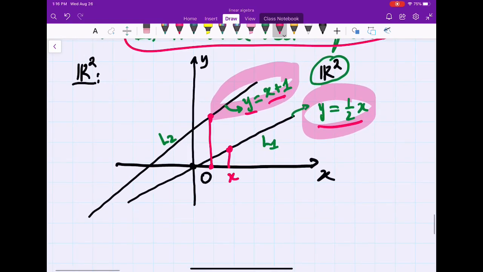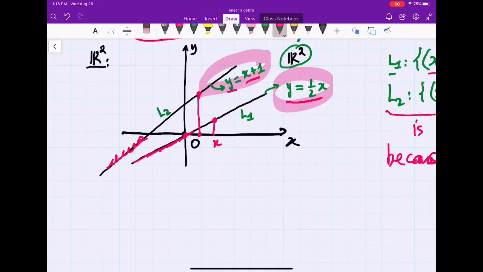And on this guy, all those straight lines with the standard addition and scalar multiplication will not be a vector space because they do not pass through the origin. That means they do not have 0 vector. Okay, we will learn about subspaces later, but that is the very important criterion, right? If the set does not have 0 vector, that will not be a vector space. Don't forget that.